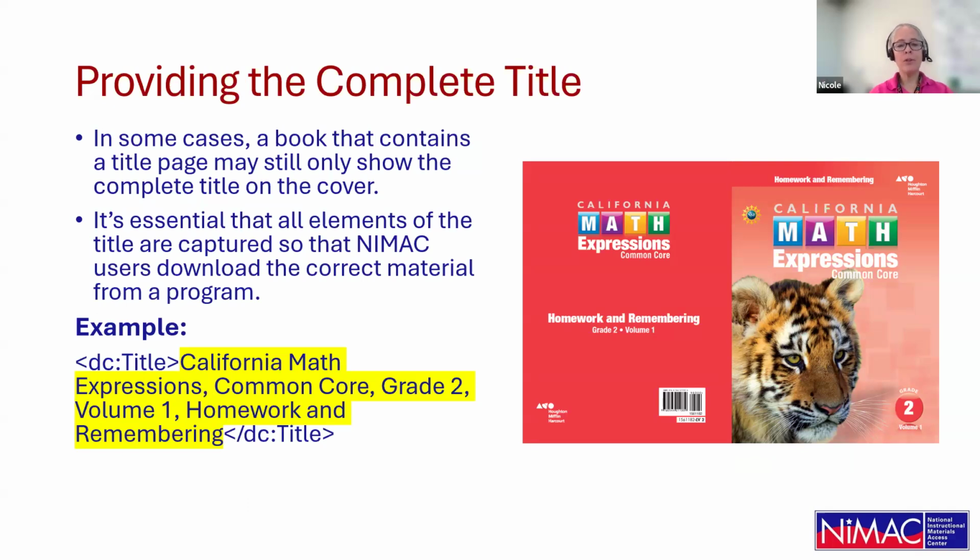So this is one of those examples where the complete title and the ancillary title are really important, because if only the front cover title was captured here, that would be identical to the core textbook for this program, the main title, California Math Expressions, Common Core Grade 2, Volume 1. Again, just to disambiguate, it's really essential to make sure that the ancillary title from the back cover is captured as well.